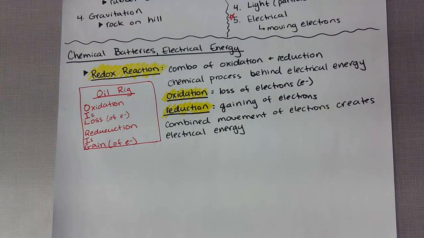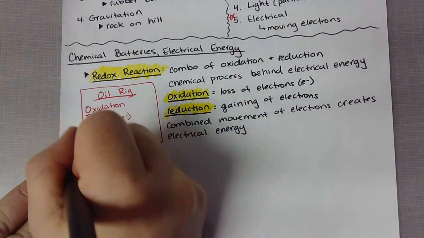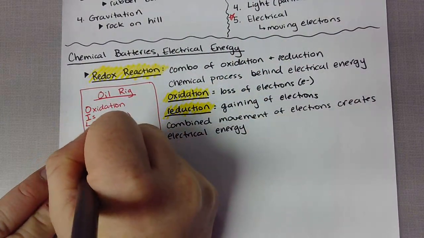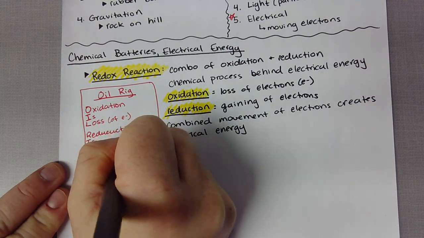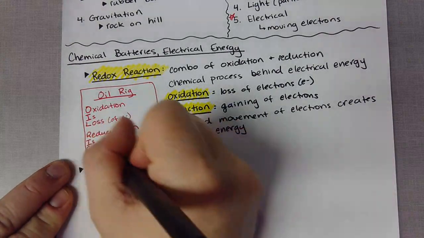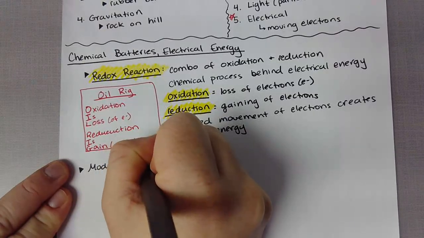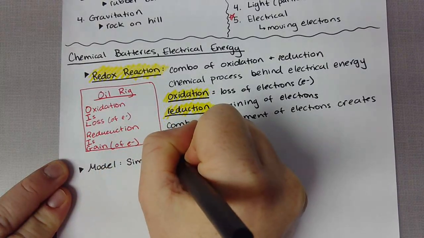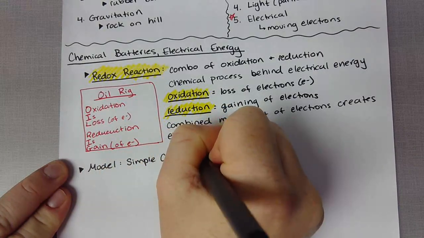To help with that understanding, we're going to turn all this vocabulary into a model of a simple chemical battery.